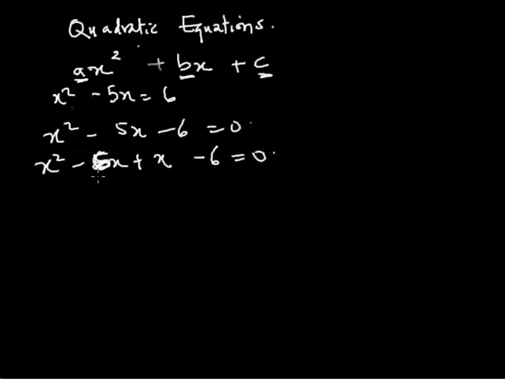How do we get these values? This is the question: what are we going to add together that will give us minus 5, and multiply together that will give us minus 6? If you take minus 6 and add plus 1, it's going to give us minus 5, which is equal to what we have here.